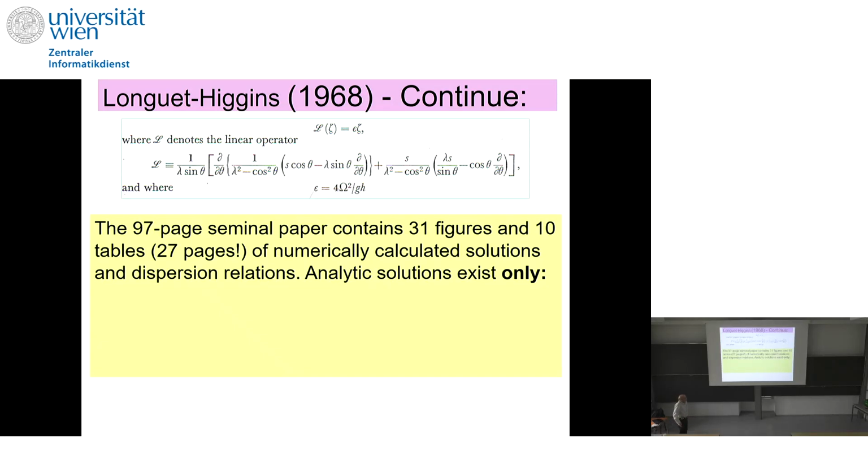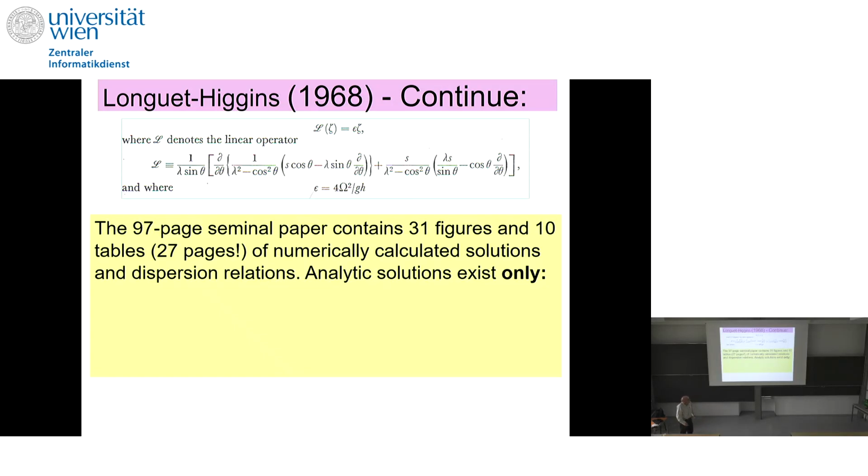In any event, not all 97 pages are just tables and figures, and in the text he derives some analytic solutions.